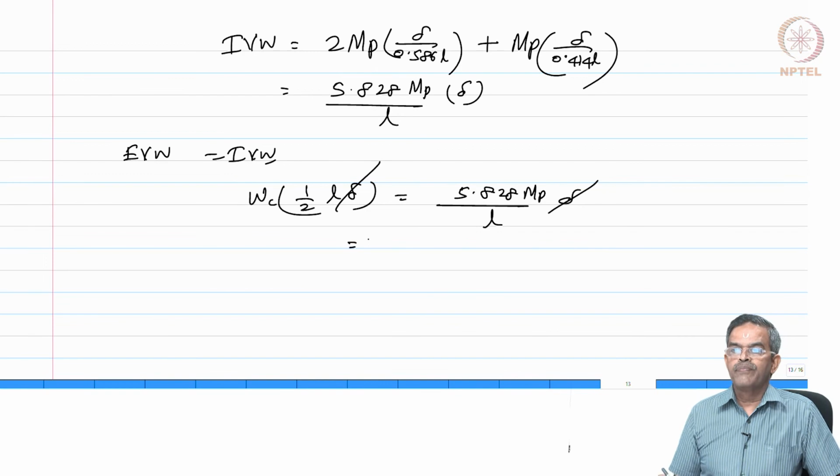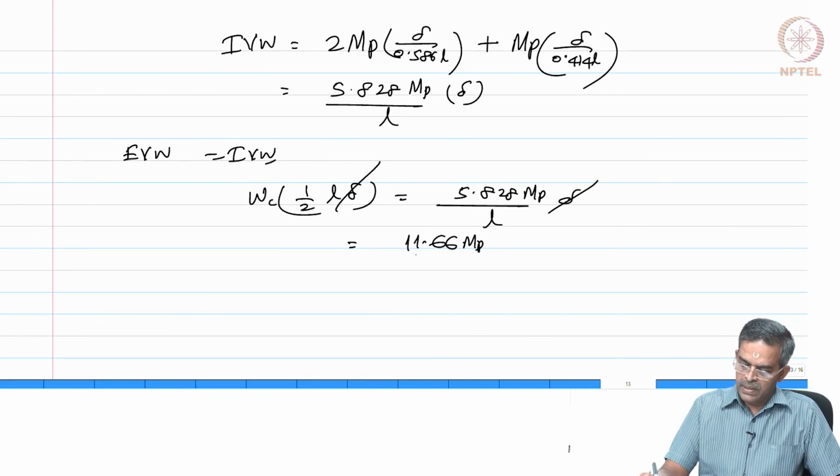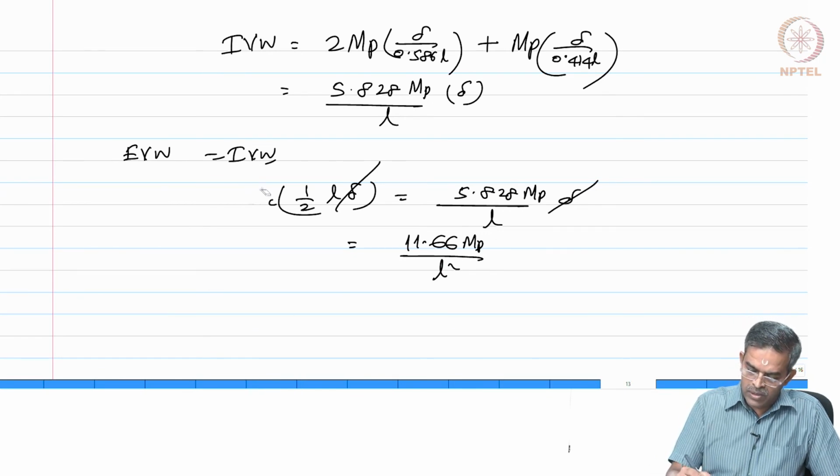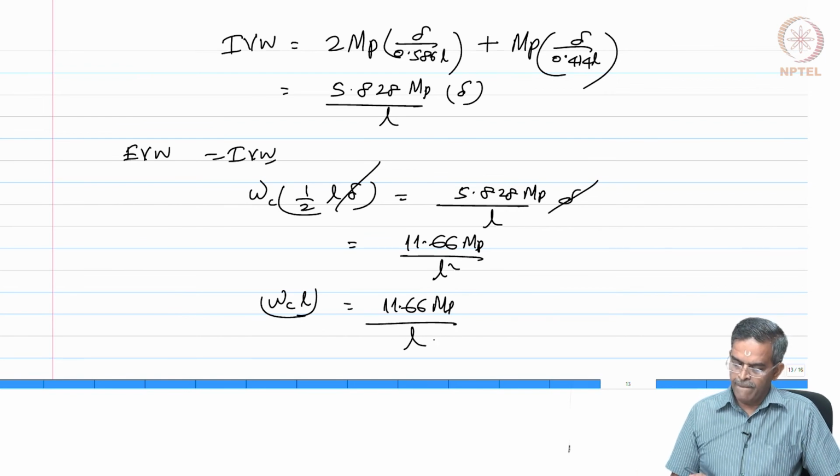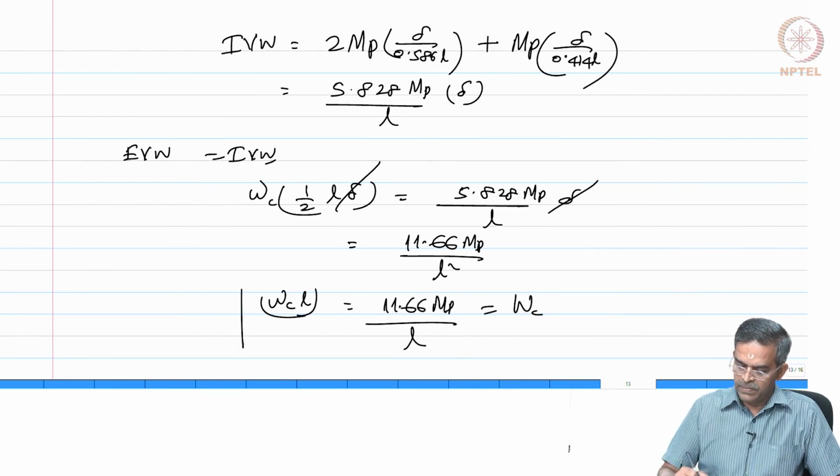So, it will come 11.66 MP by L square, or this is small WC, right? WC into L is 11.66 MP by L, which is capital WC.